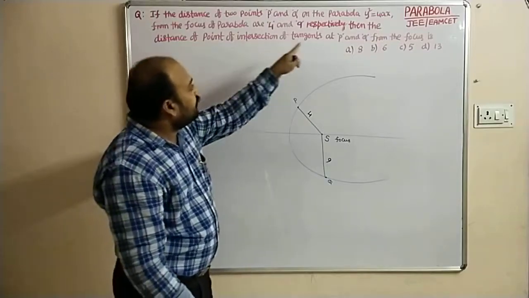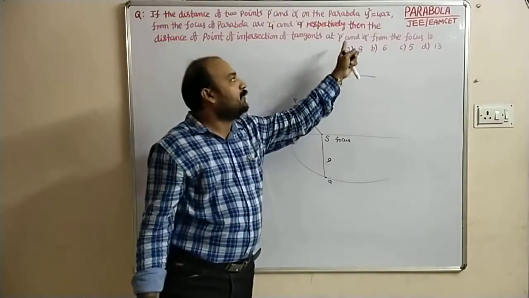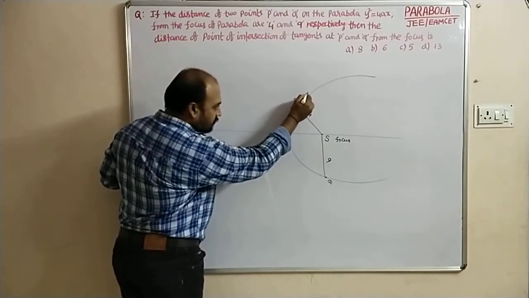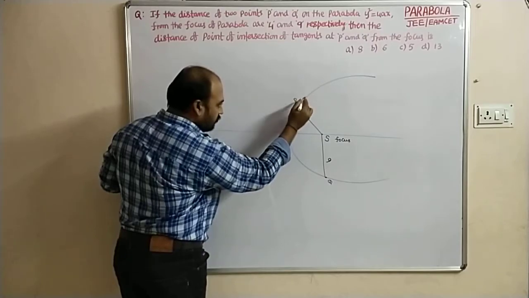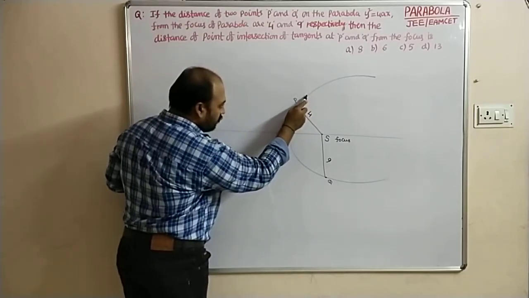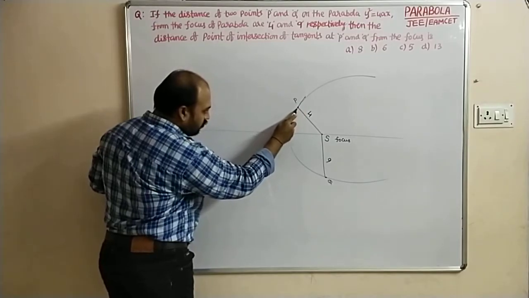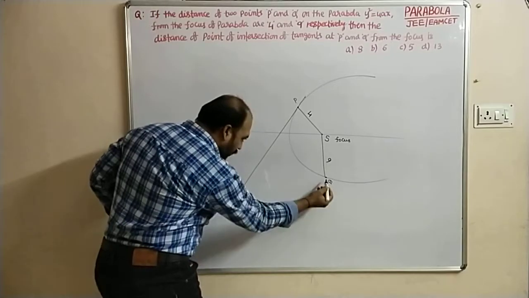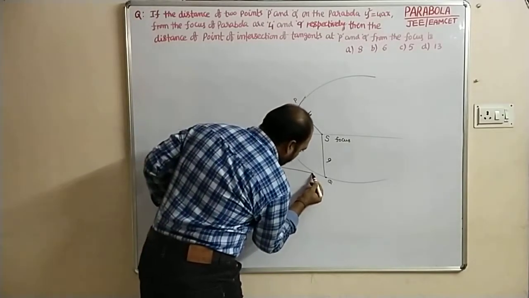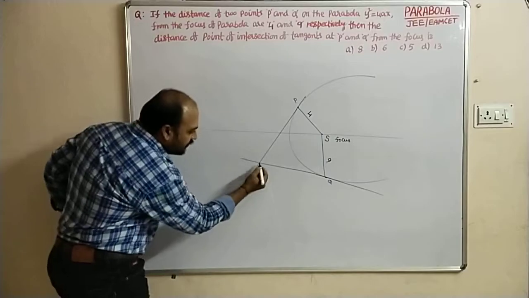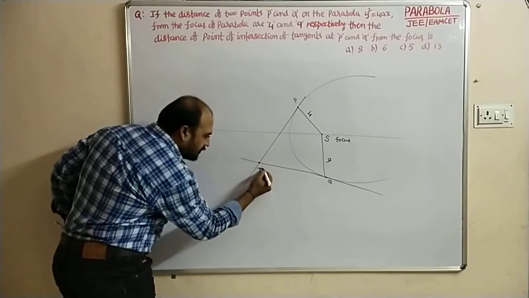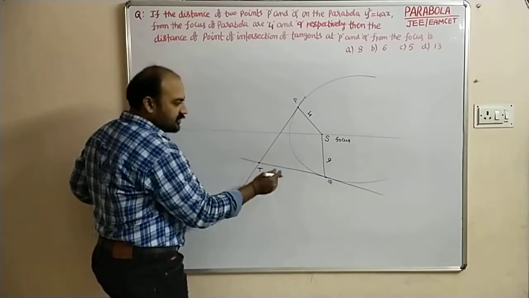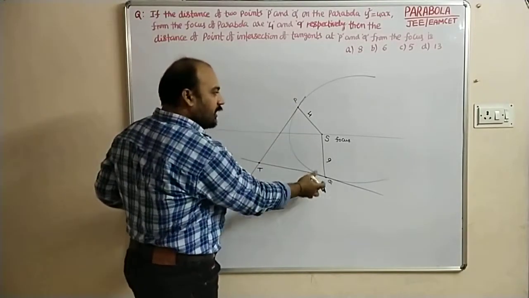And the point of intersection of tangents at the point P and Q. From point P, you draw the tangent and draw the tangent from point Q. So which are intersecting at the point T, capital T we are taking here. The point of intersection of these two tangents at the point P and Q.